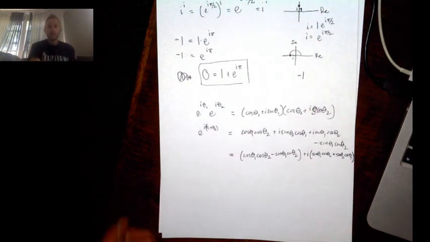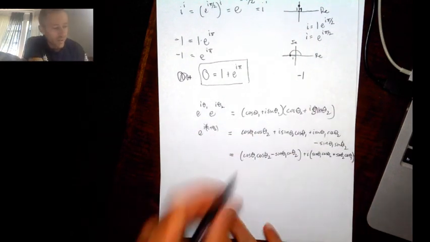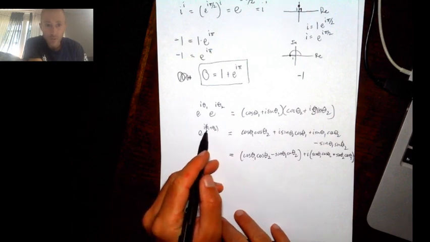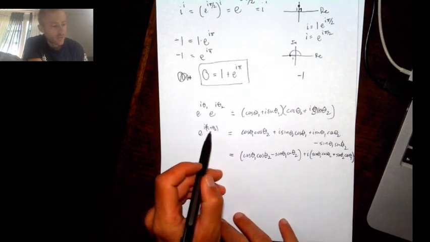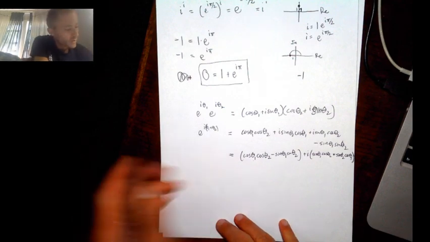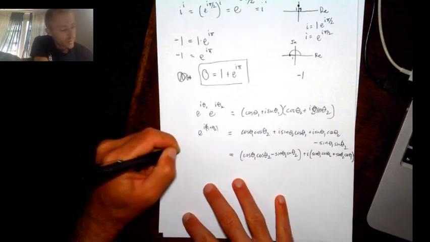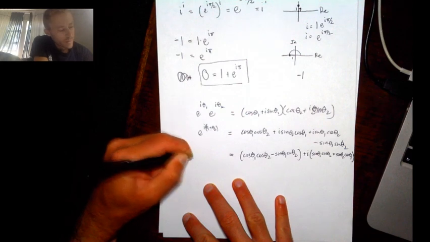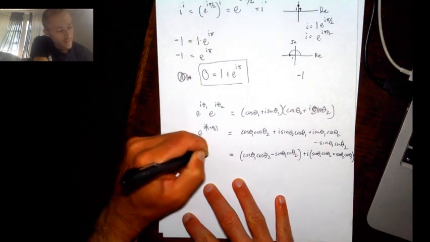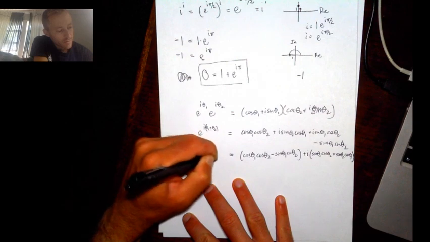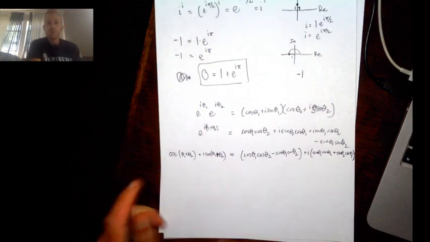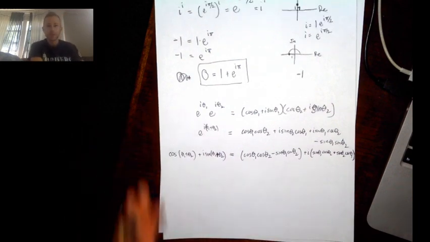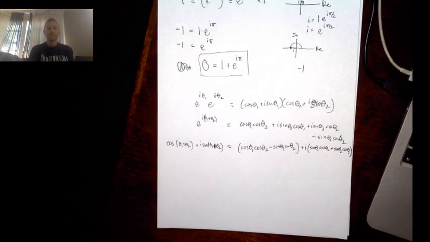Now, on the left-hand side, I'm going to apply Euler's theorem again, only this time, see how I've combined the angles. So I have cosine of (theta 1 plus theta 2) plus i sine of (theta 1 plus theta 2). Now, the only way that two complex numbers can be equal is if their real parts are equal and their imaginary parts are equal.